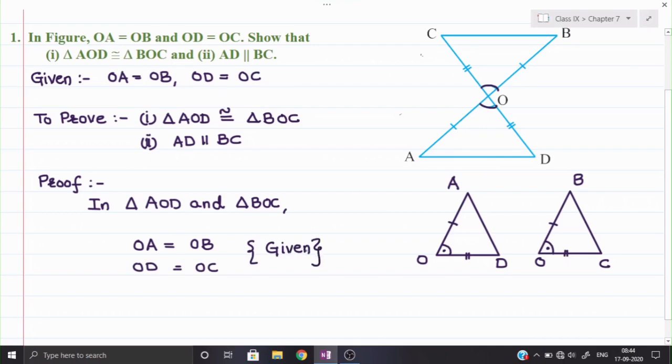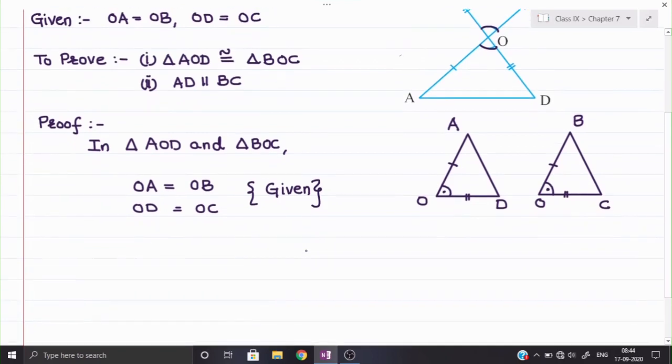Second thing, we shall mention here angle AOD is equal to angle BOC, that is with the help of vertically opposite angles. Okay, so we can say that therefore triangle AOD is congruent to triangle BOC.